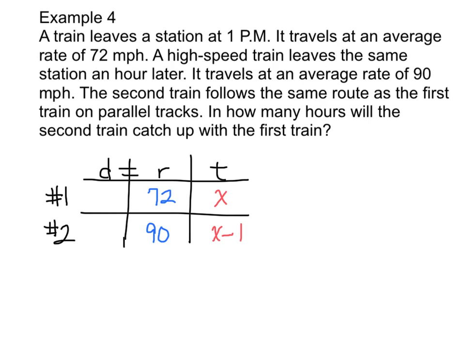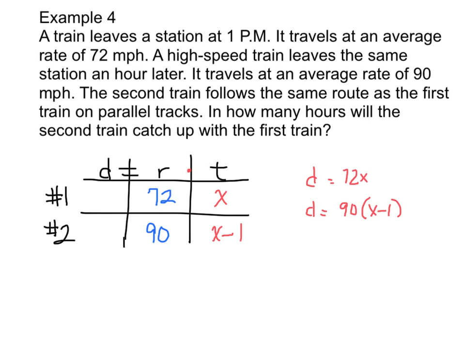So this is rate times time. What do we know? Our distance for our first train is 72x. The distance for the second train is 90 times x minus 1. We have to multiply 90 times the entire thing. We want to know, when will the second train catch up?